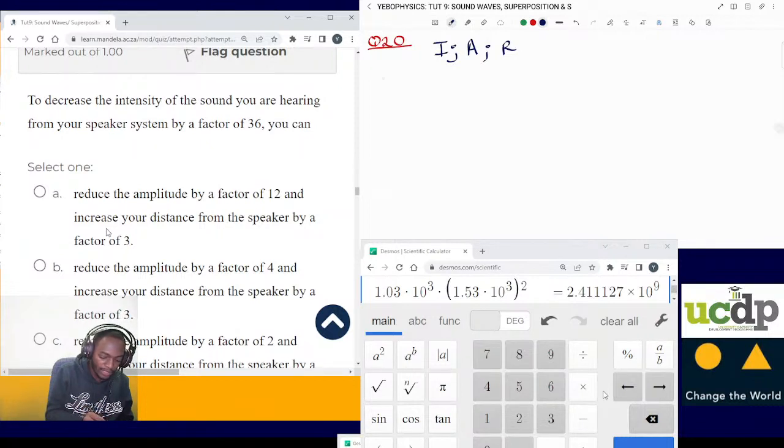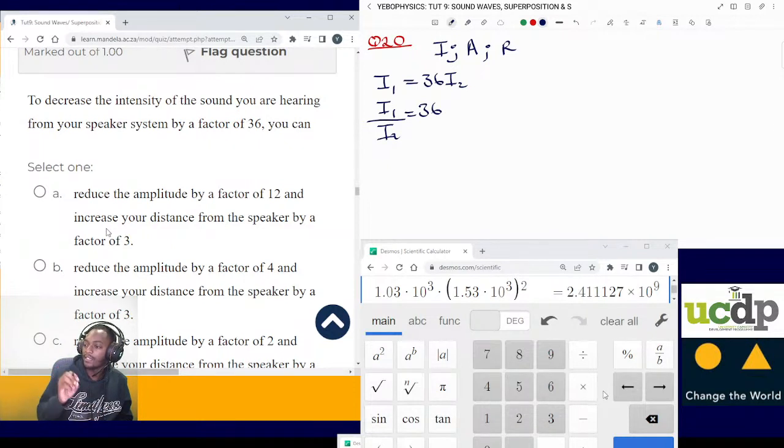We are told that we have our initial intensity, which I'll call I1, and it's going to be reduced by a factor of 36 to give us a new intensity of I2. So if we come up with a ratio, I1 over I2 is equal to 36, because the final intensity has been reduced by a factor of 36.